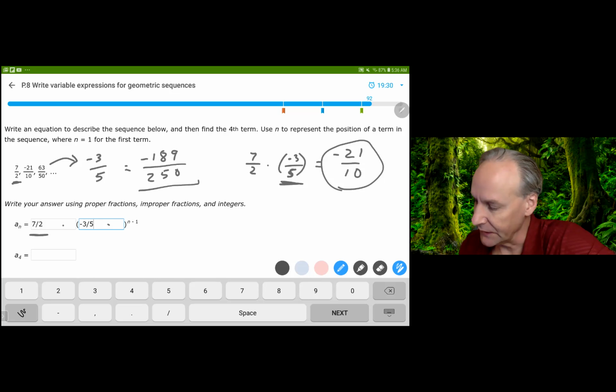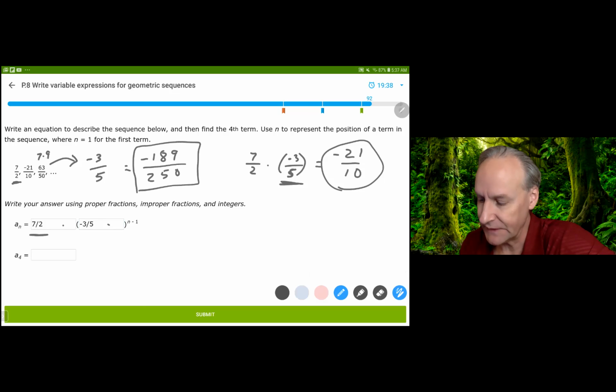Now, one question is, can you reduce this? 63 has the factors 7 times 9, which is really 7 times 3 times 3. Now 50 has the factors 2 times 5 times 5. So we can see there's no common factors in here. And when I multiply by -3/5, there's still no common factors.